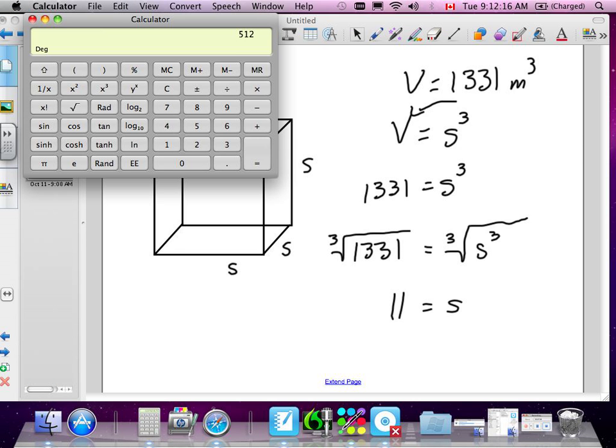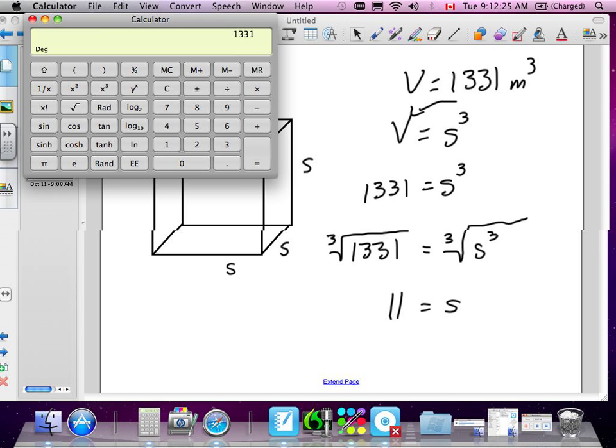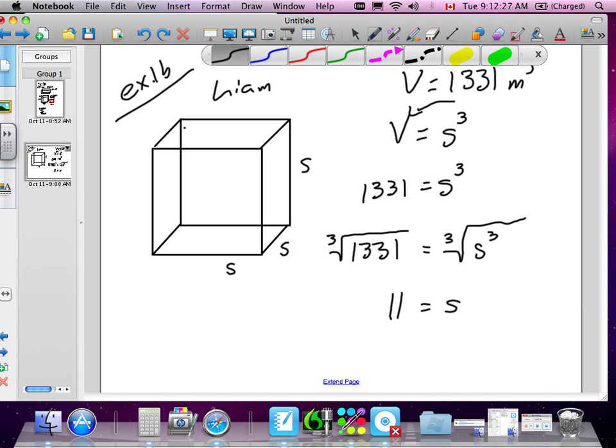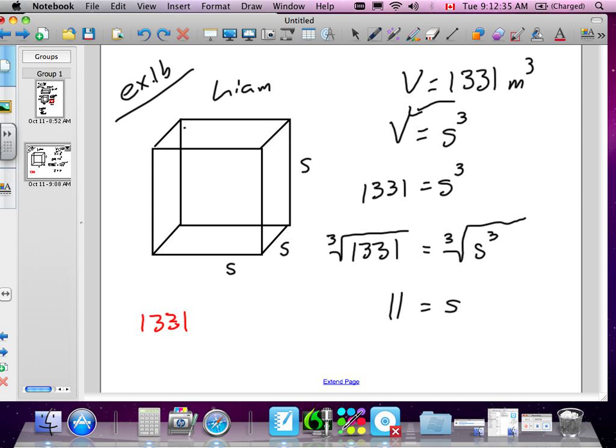If you're not sure how to do it, one way you can do it is to reverse it. If you can't find a cubed root on your calculator, put this number, 1,331, to the power of, usually it looks like a hat on your calculator, to a third.